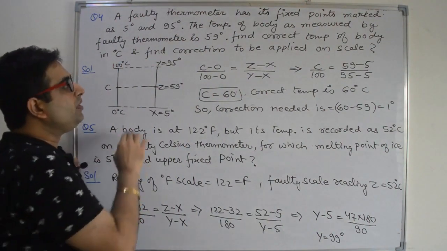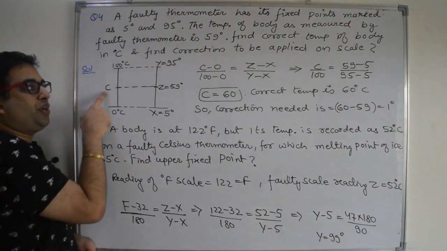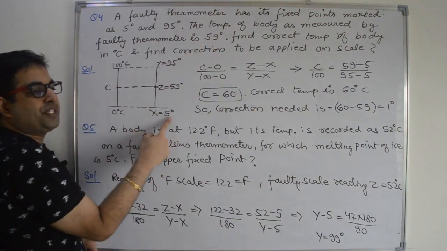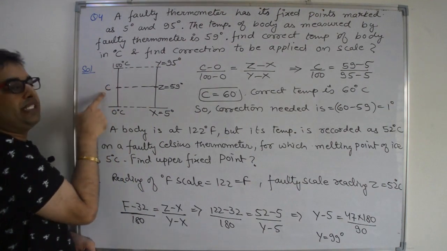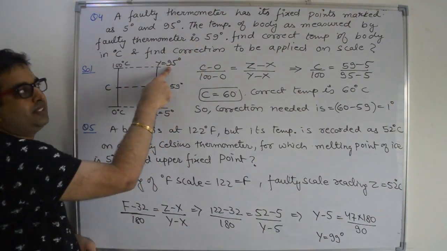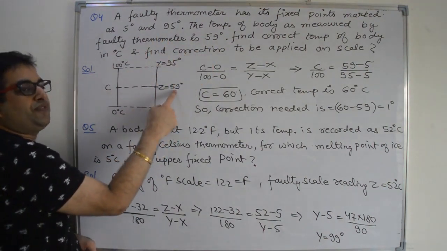So we know lower fixed point is 0 degree Celsius for Celsius scale, and for this faulty scale it is 5 degree. Upper fixed point is 100 for Celsius scale, but for faulty scale it is 95. And the reading of the faulty thermometer is 59.